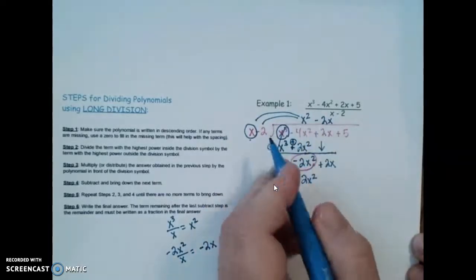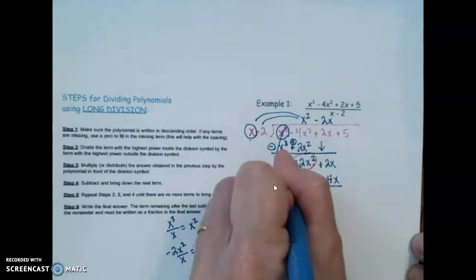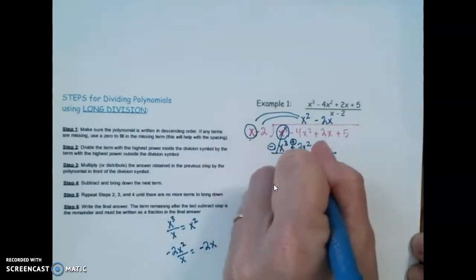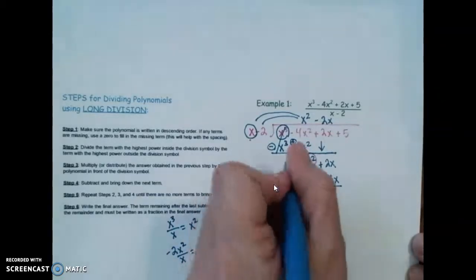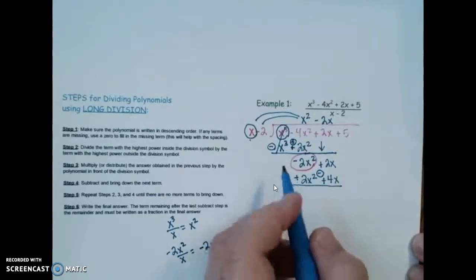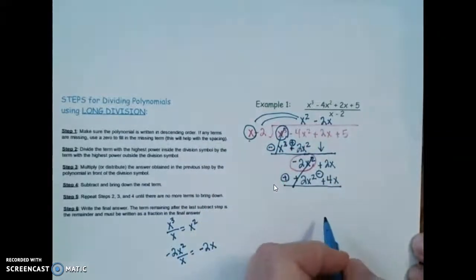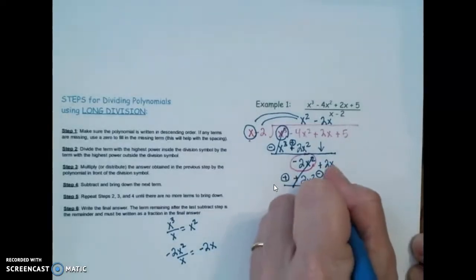Negative 2x times negative 2 is positive 4x. You're going to subtract everywhere. So again, subtracting a negative is the same as adding a positive. So negative 2 plus 2 is 0. And then here you have 2 minus 4, which would give us negative 2x.